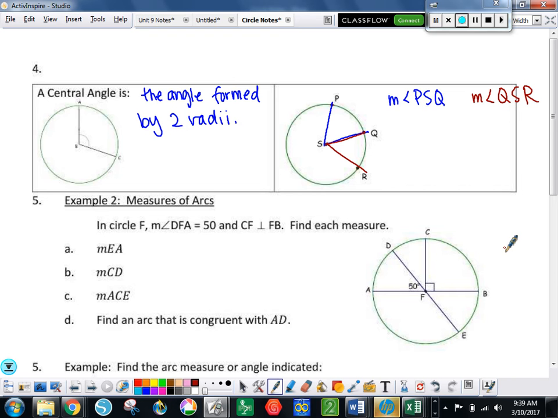Is it possible to add these two angles together? Can you add angles together? Yeah? So I can. And when I do, what would I get? CSR.